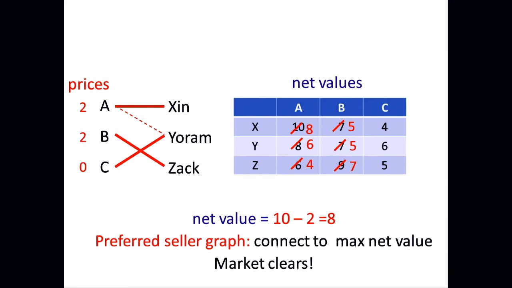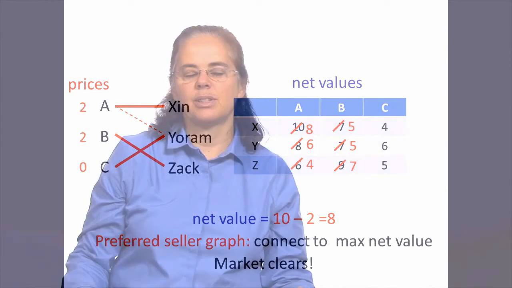So we see that market clearing prices have a way to resolve contention. It allows us via the prices to modify people's preferences, and when the market clears, when there is a way to assign everyone a favorite item, then prices worked beautifully in resolving contention, and everyone got what they most wanted to have.